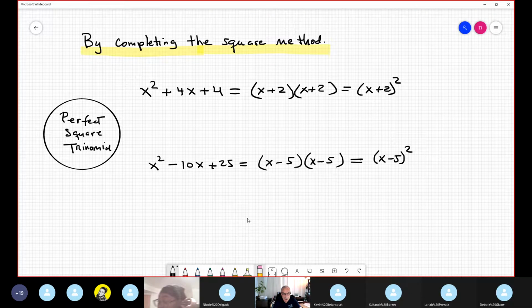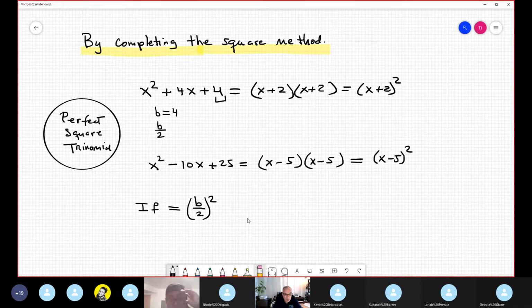What is the mathematical relationship? Okay, look, the formula is: the number here in the C is equal to (b/2)^2. Let me check in that situation. B, in this example, is 4. 4 divided by 2 is 2, and 2 squared is 4.